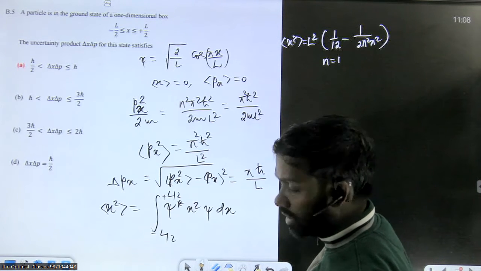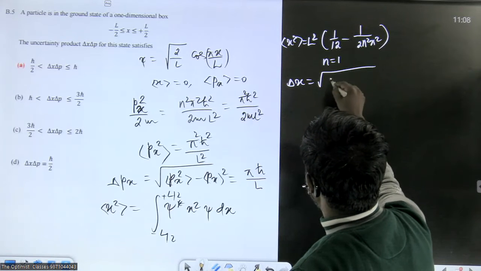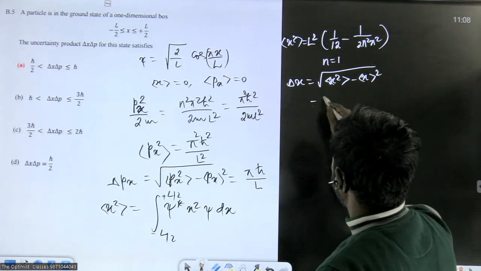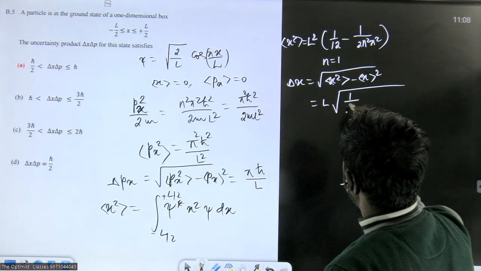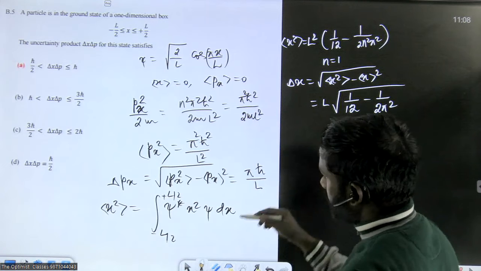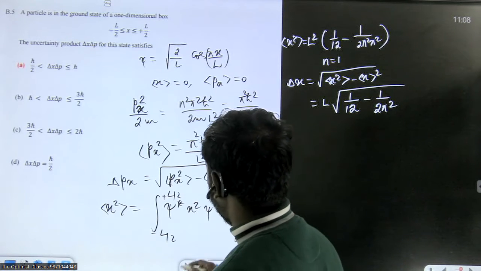That's what we have. So now you calculate delta x. Delta x is root under x square average minus x average whole square. So this will become L root under (1 by 12 minus 1 by 2 pi square). So that is delta x, and delta px is this much.